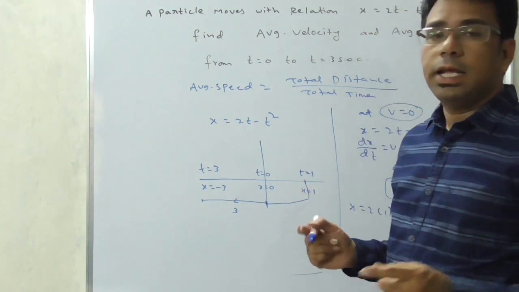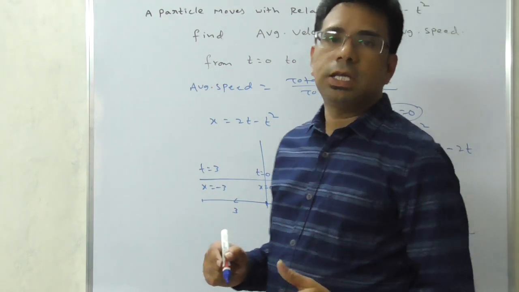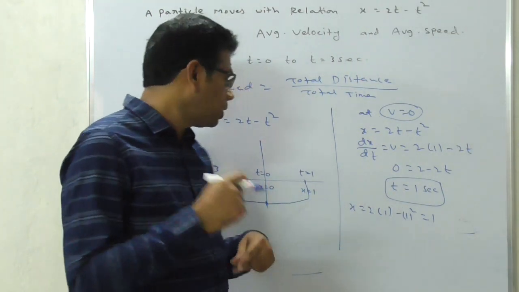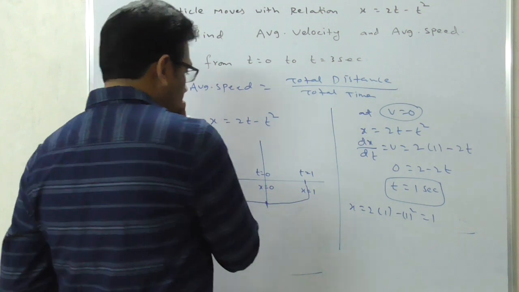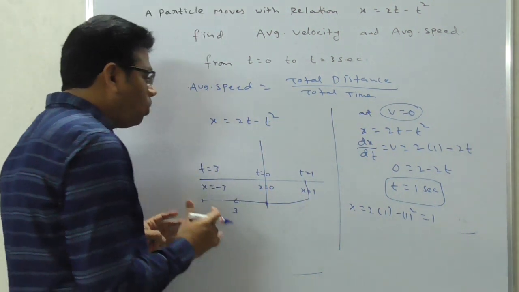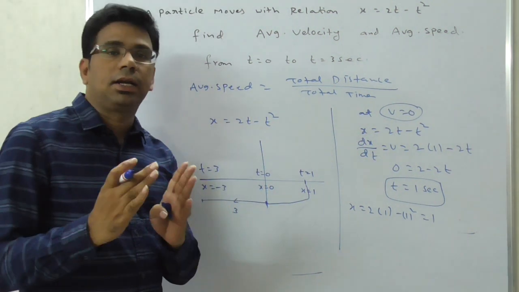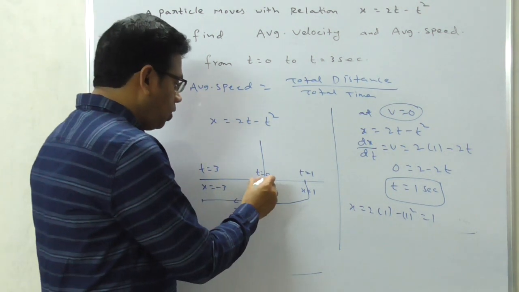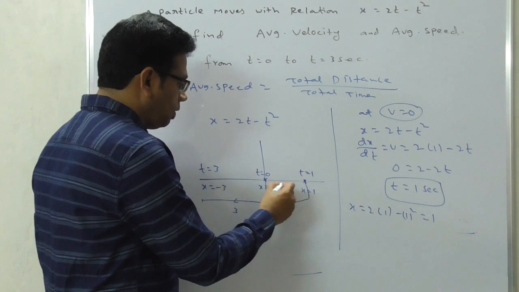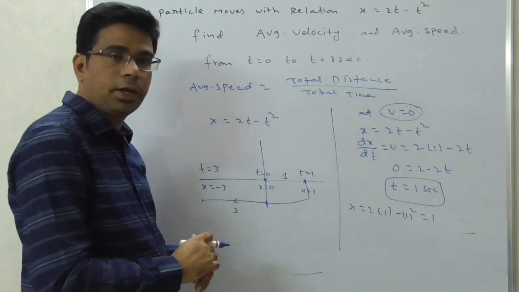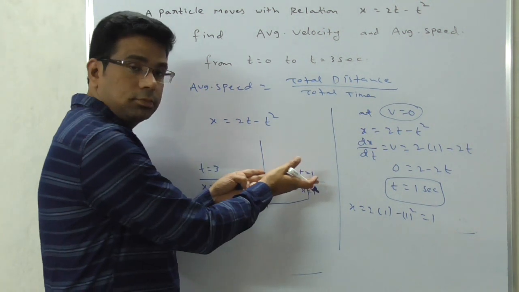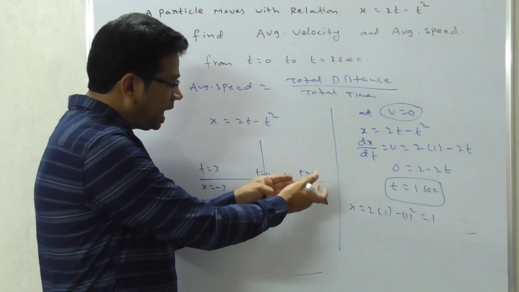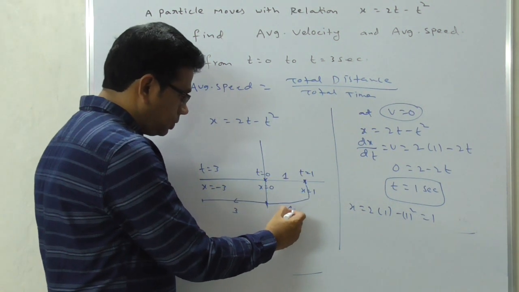Here clearly at t equal to 1, velocity 0 means the particle takes a turn at x equal to 1. So clearly observe, how much does the particle travel, the total path we have to get. From 0 to 1, how much does it travel? It is 1 distance. After that it comes back 1 meter.